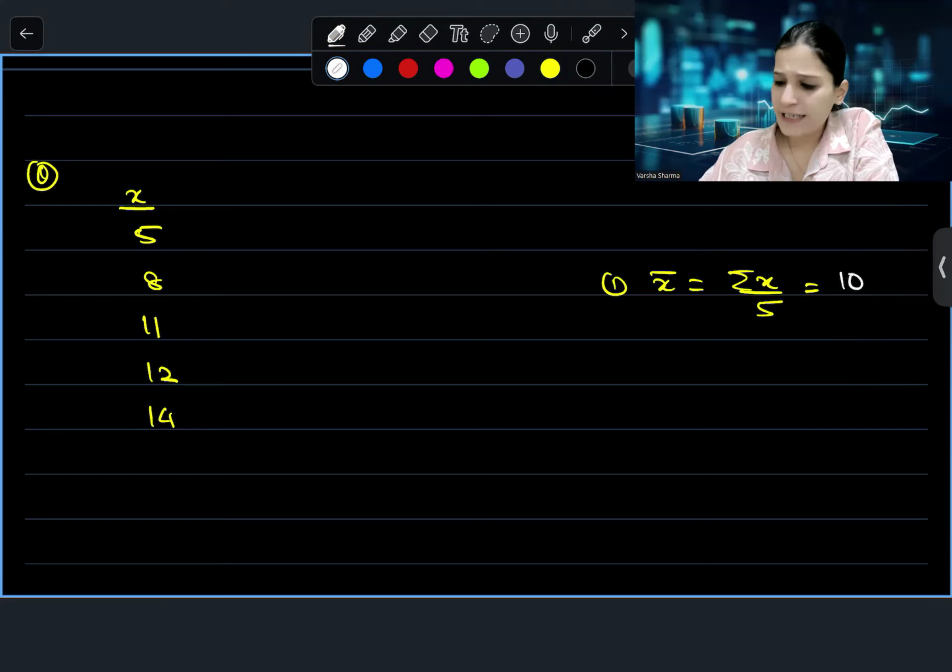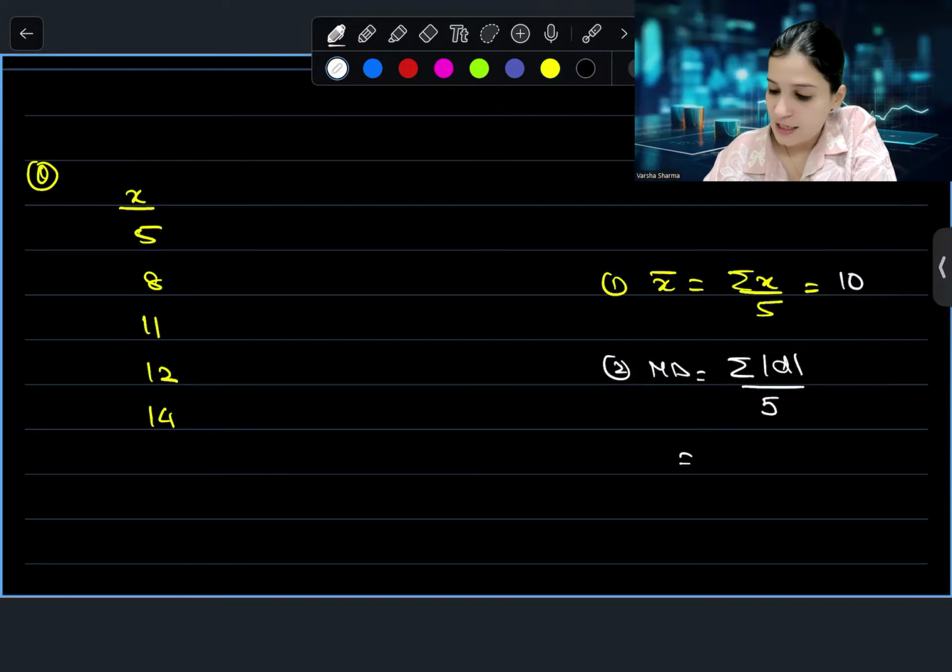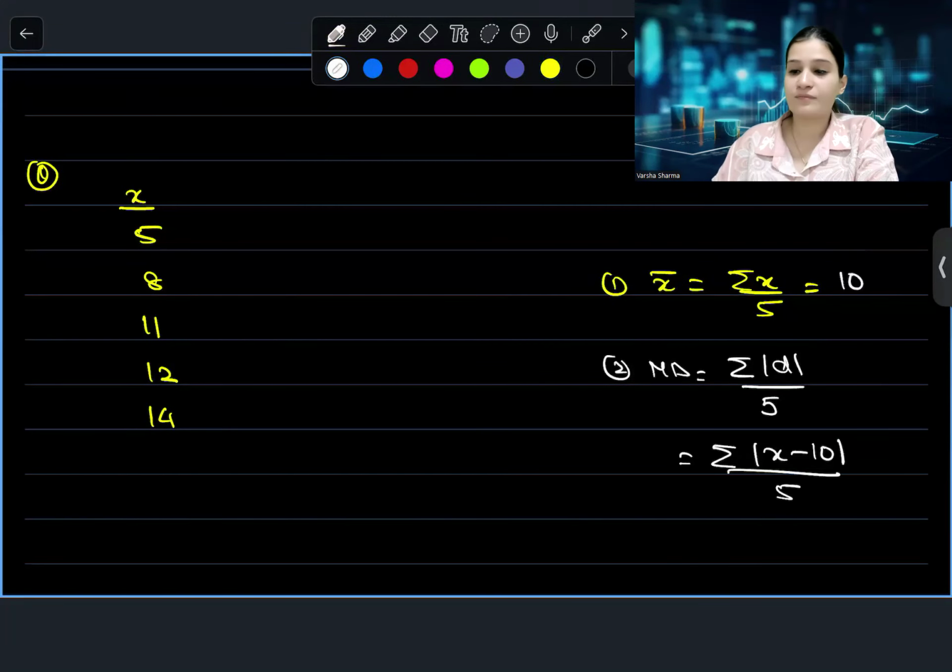So now you can directly use calculator. Mean deviation will be summation absolute deviation by number of observations. From every number, subtract 10 and add them.